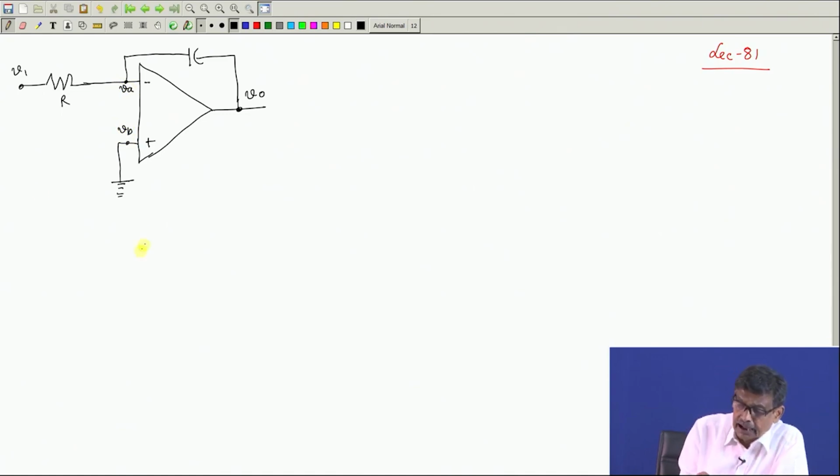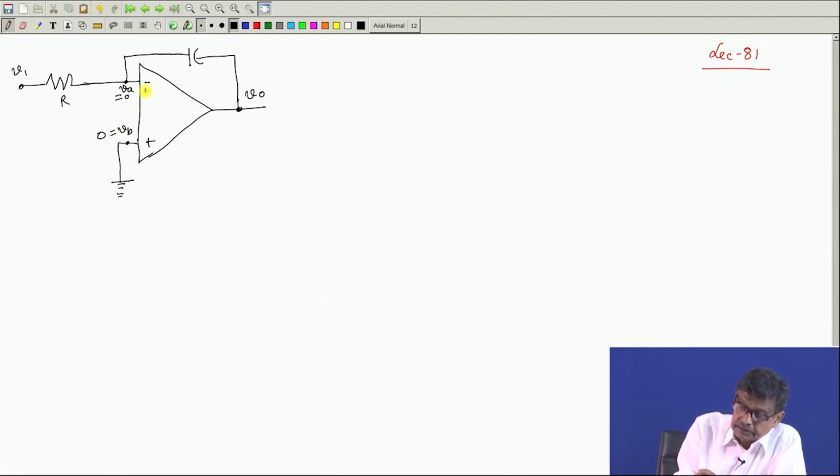Looking at the circuit, I will say the potential of VB is equal to 0, and if this is 0, VA cannot but be 0. It has to be also 0. Why?